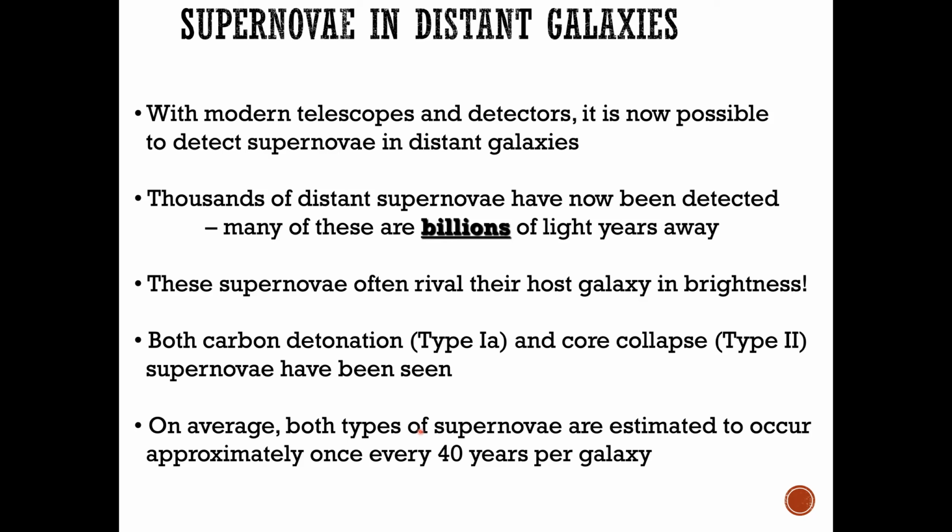We have detected both type 1A and type 2 supernovas, even though type 1A is more important in measuring distances. On average, both types of supernovas are estimated to occur approximately once every 40 years per galaxy, right? For each galaxy, there may be one every 40 years.